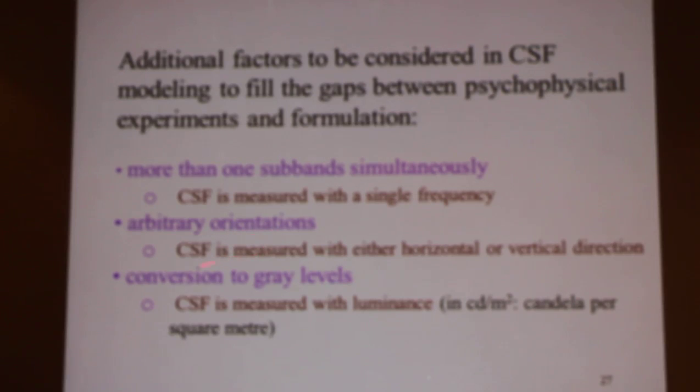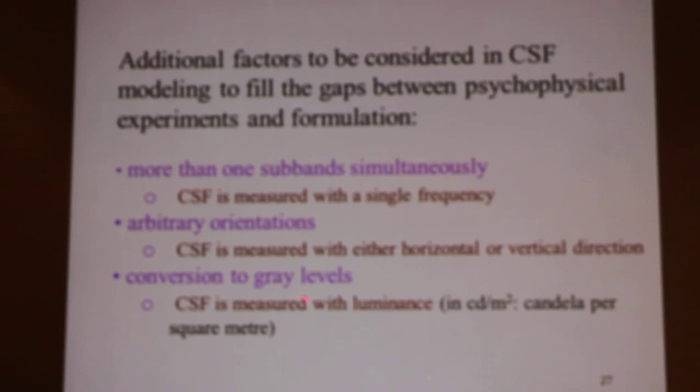Arbitrary orientation, because CSF is measured with either horizontal or vertical direction only. It cannot be arbitrary in the experiment result. So you have to somehow bridge them to arbitrary orientation.